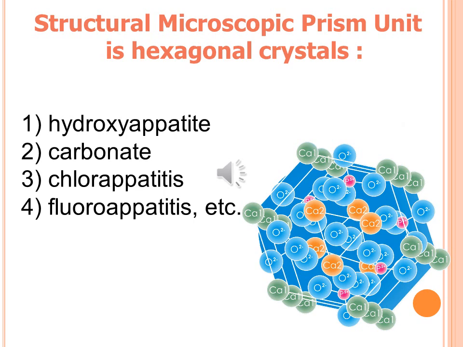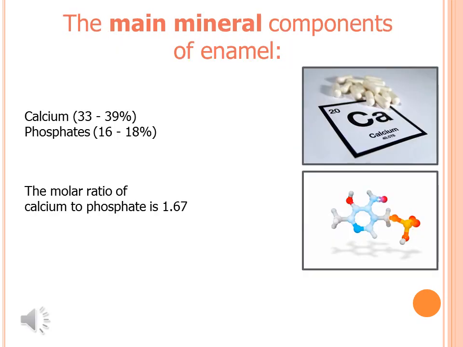The main mineral components of enamel: calcium is about 33 to 39%. Phosphates from 16 to 18%. The calcium-phosphorus ratio is 1.67.